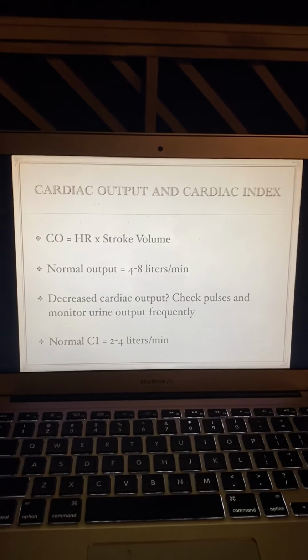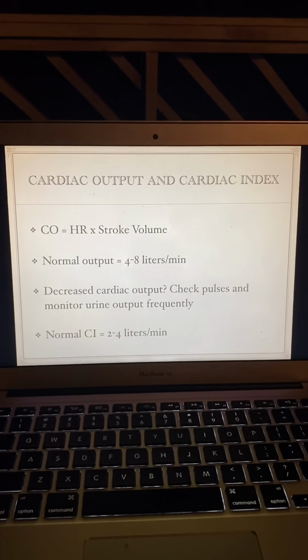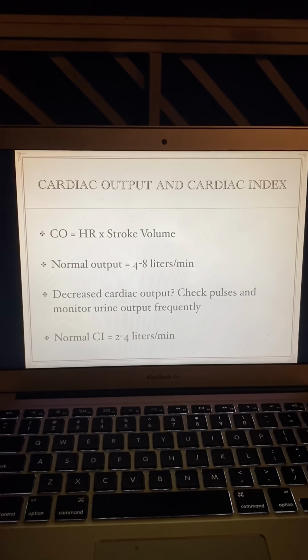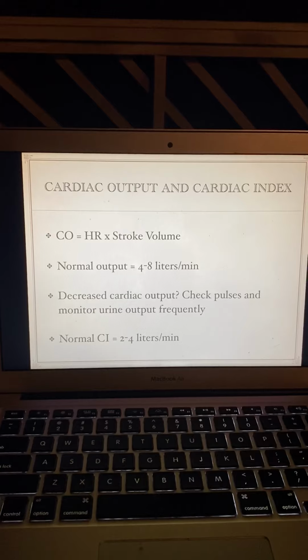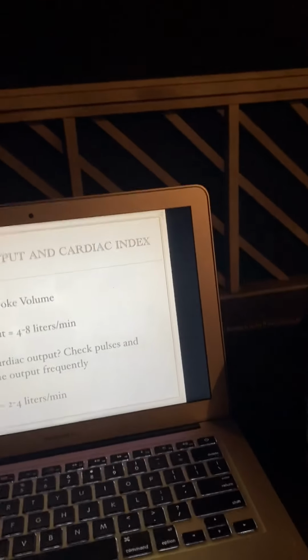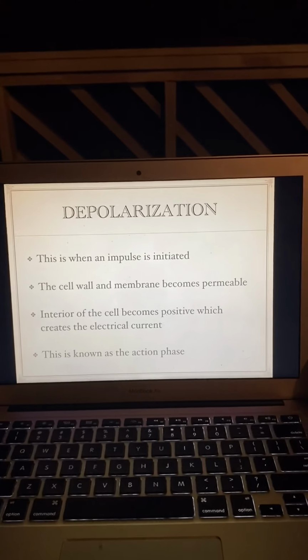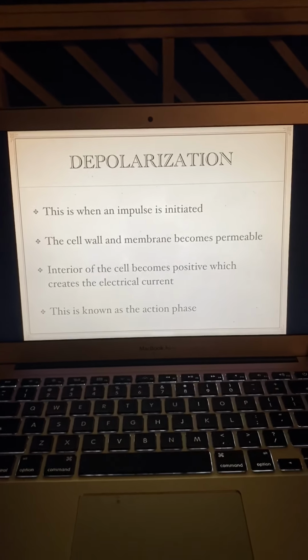You're going to have to look at other things, such as lactate or potentially their diastolic pressure, but that's way involved. I just wanted to clarify, if you have a good cardiac output, you're going to have a good urine output in a patient that is not anuric from renal failure.